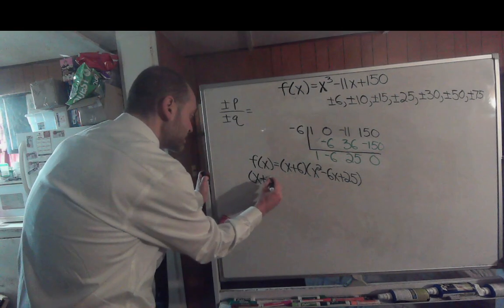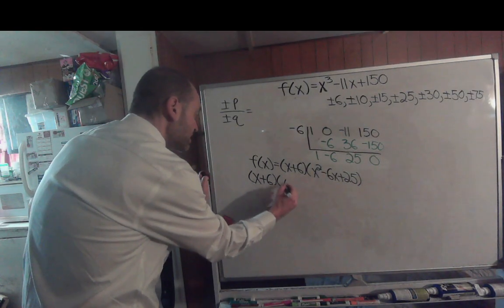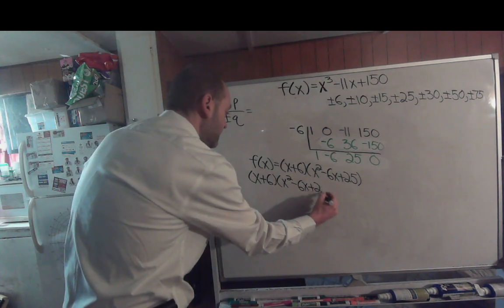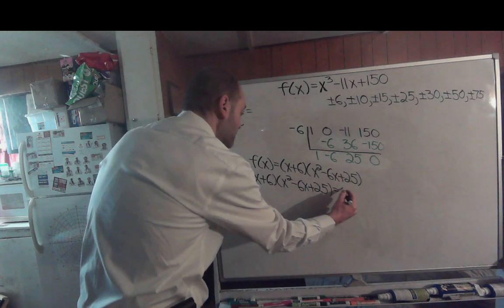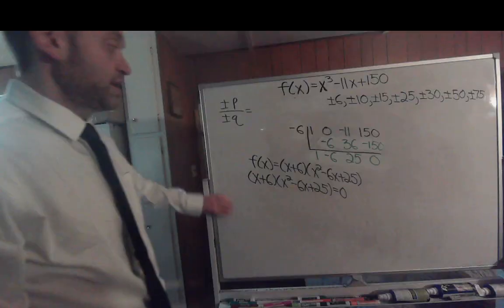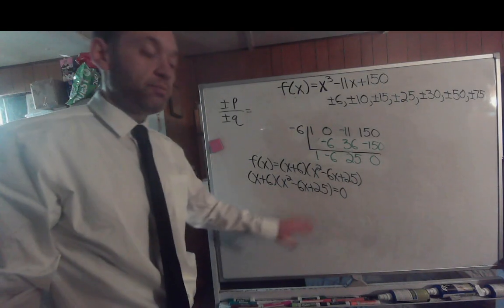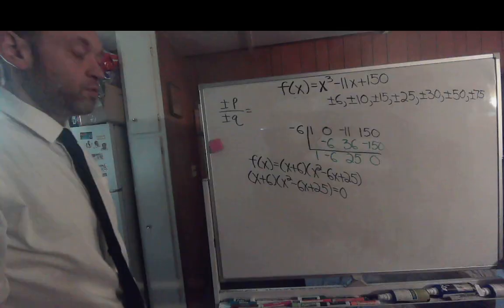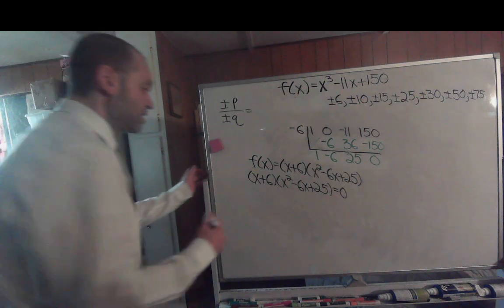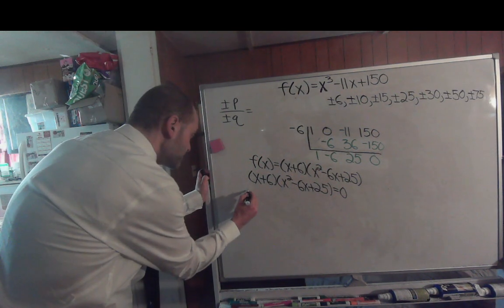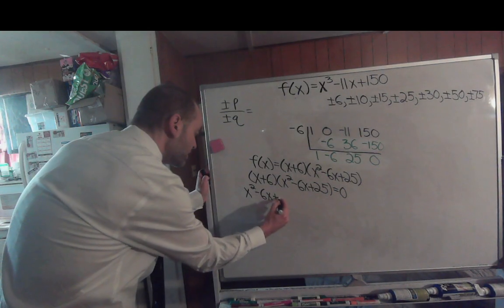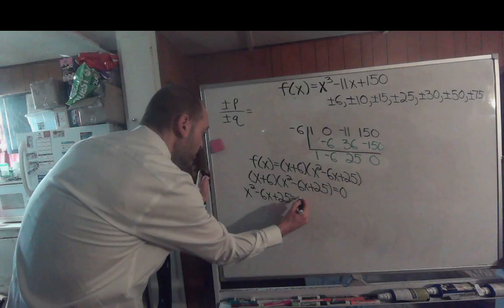So we'll have x plus 6 times x squared minus 6x plus 25 equals 0. Well, that quadratic factor definitely isn't factoring, right? We're going to either have to complete the square or use the quadratic formula. Personally, I'm voting for completing the square. So set that x squared minus 6x plus 25 equal to 0.